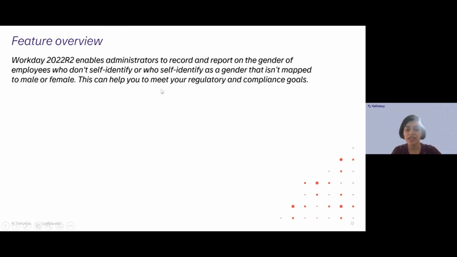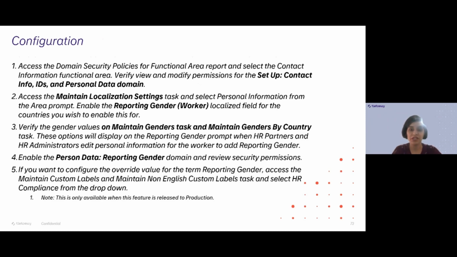So if there are any country regulatory and compliance requirements for generating some reports, like in the US, they have EEO reports. In the UK also, they have such reports where they need to report on the demographic data. This feature can come in very handy when employees have not identified themselves into a particular gender.